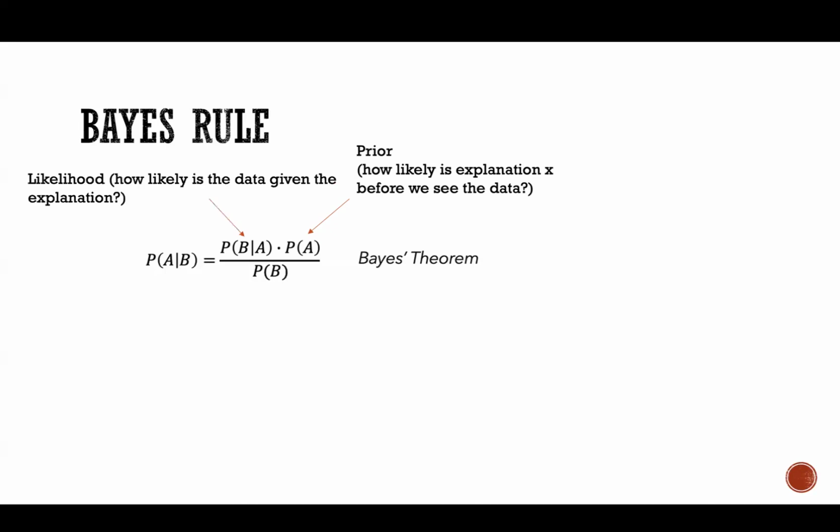Times what we usually call the likelihood, right? How likely is the data given the explanation? And see, I got it wrong again. I can never remember which one is probable and which one is likely, but here it is right. So how likely is the data given the explanation? And since we are working in probability space, right? Let's say that the probability of Balázs being here is 0.8, right?